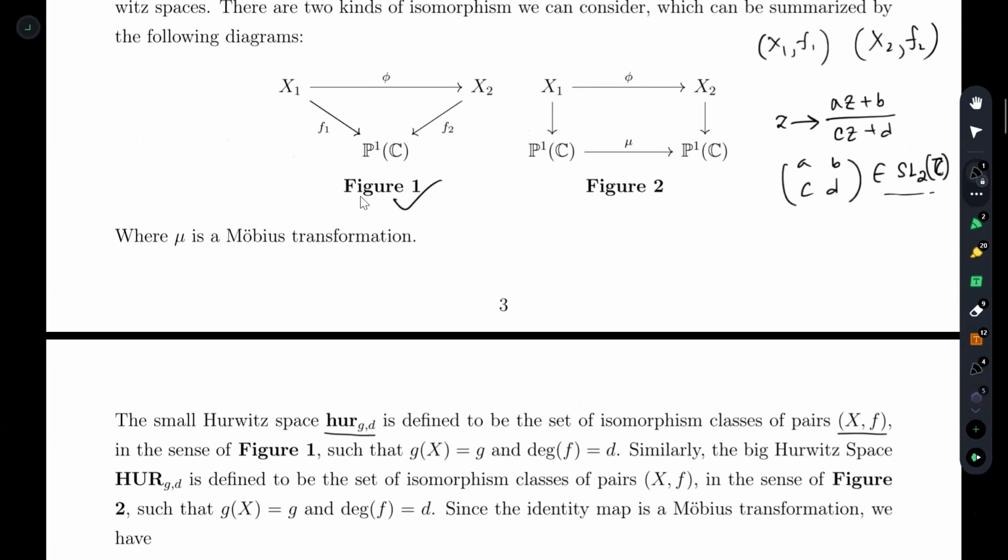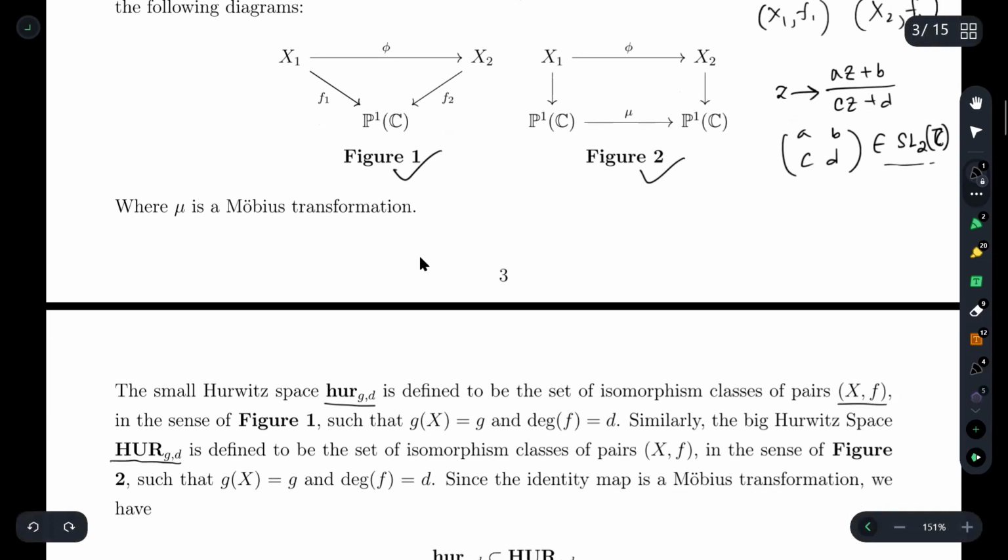And the big Hurwitz space, denoted by big Hur_{g,d}, is defined to be the set of all isomorphism classes of pairs in the sense of this figure, such that the genus of X is g and the degree of f is d.